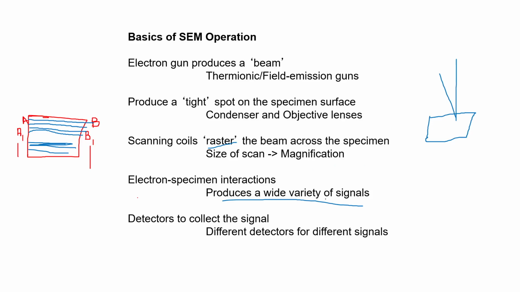So it will always produce a variety of signals, but depending upon your requirement, you will have a detector such that it will attract only the electrons which are required for your information. Then we have the detectors which will collect the signal from the specimen, and different detectors are used for different kinds of signals.